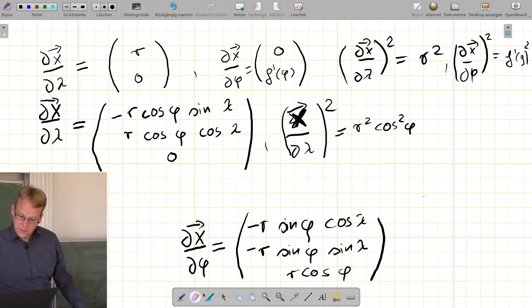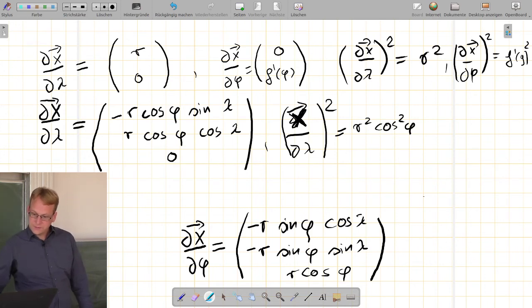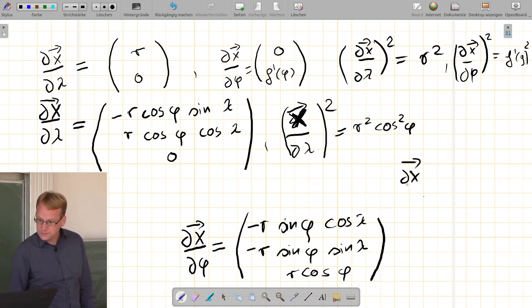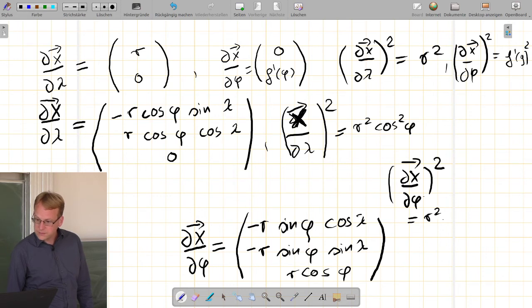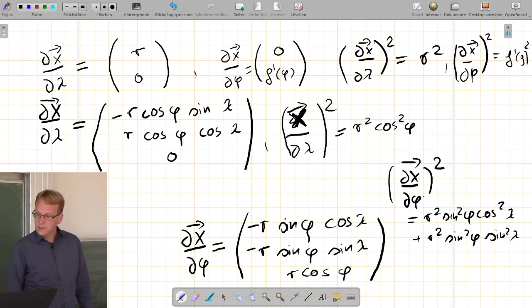Like that. And finally, what we need to compute as well, we need this dX by d phi squared, and that is equal to r squared sine squared phi cosine squared lambda plus r squared sine squared phi sine squared lambda.